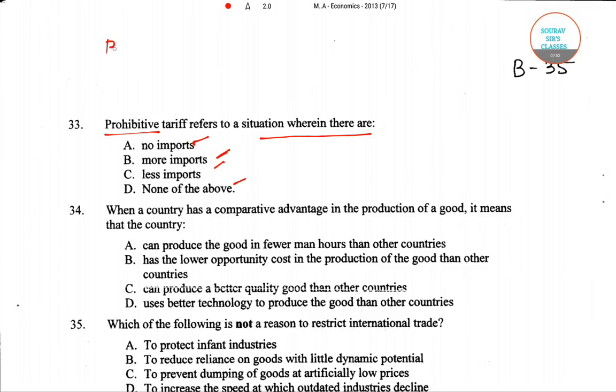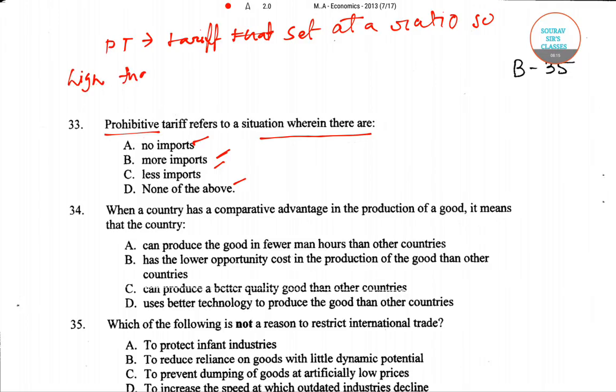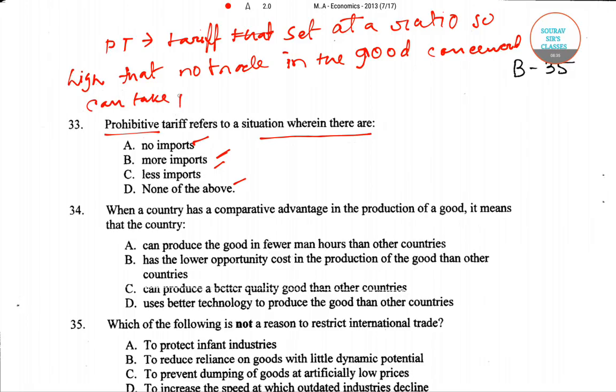Prohibitive tariff, I will write down here, is a tariff set at a ratio so high that no trade in the good concerned can take place.